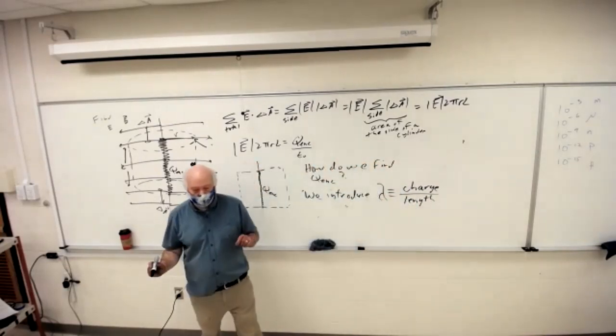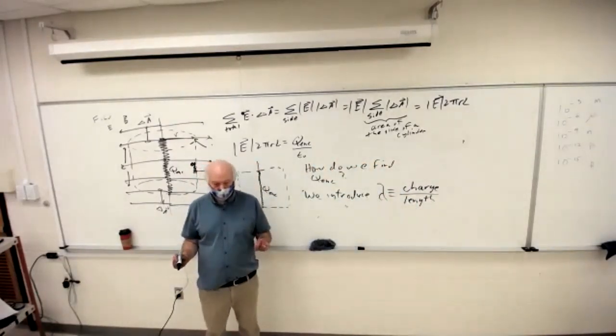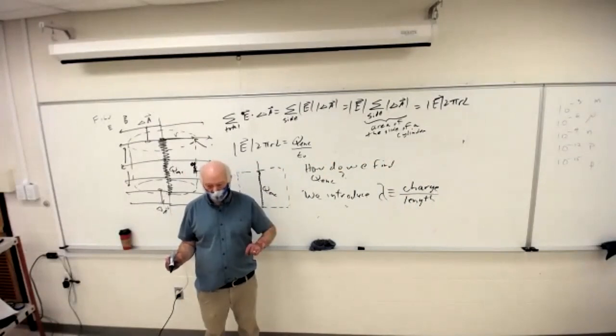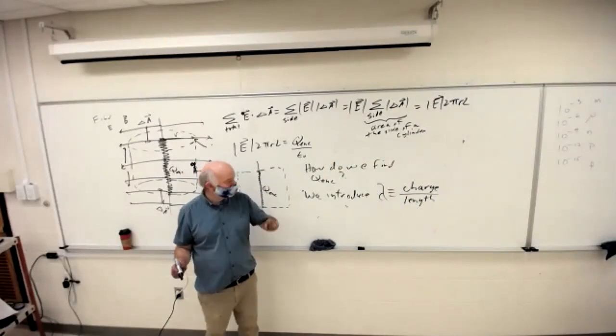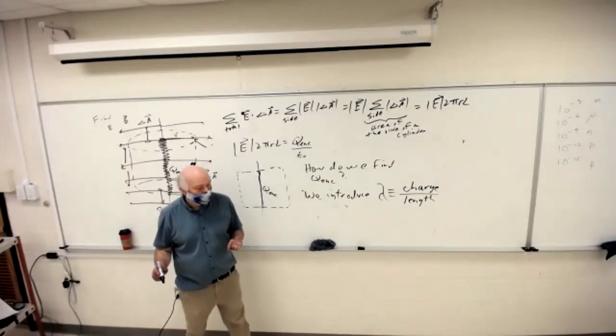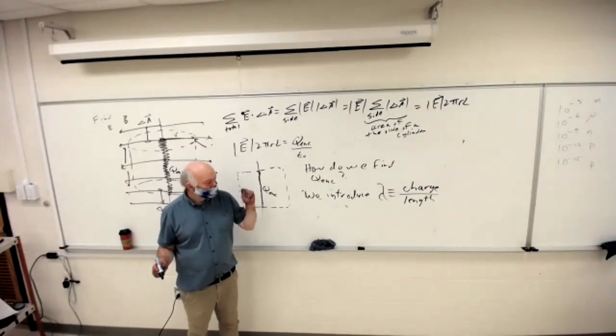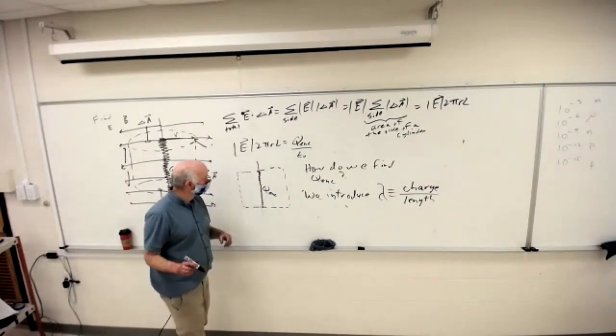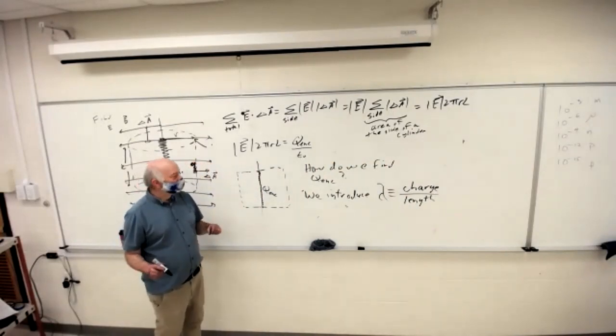Okay, what was charge per unit volume? What symbol? Rho. Rho is charge per unit volume. Lambda is charge per unit length. We're going to get charge per unit area.